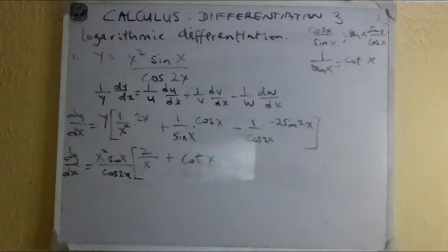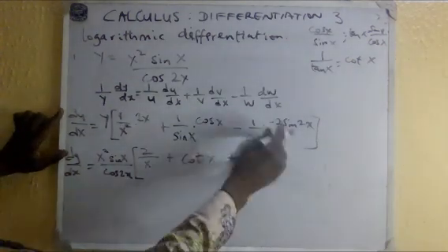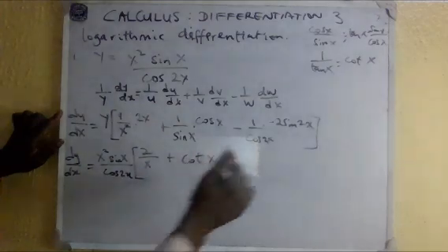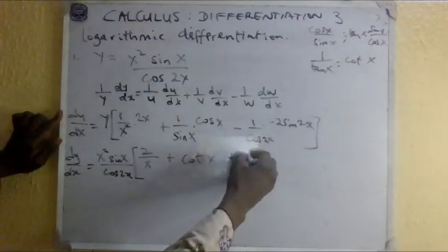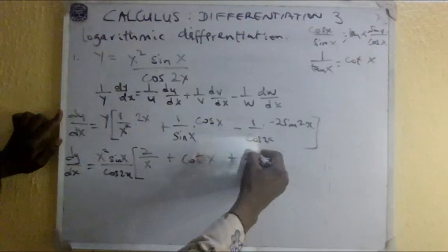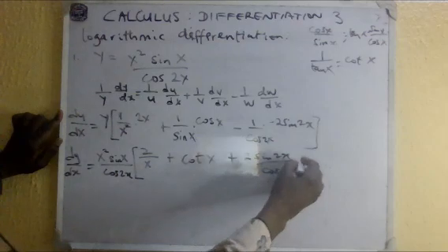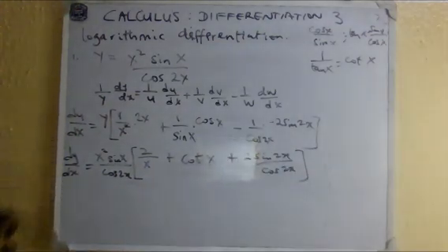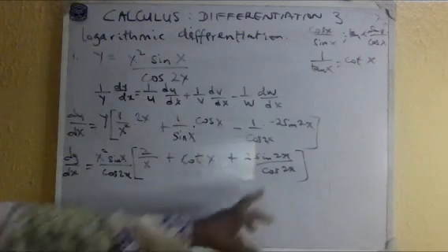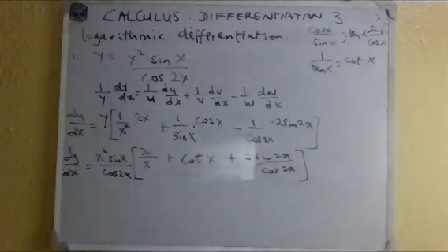Then finally, this other one here will resolve as plus, because minus is plus, 2 outside, sine 2x over cos 2x, close the big brackets. Already this one too is tan 2x.